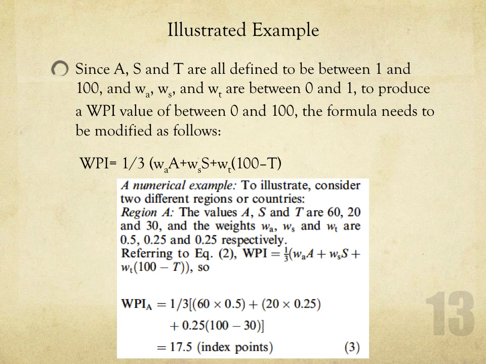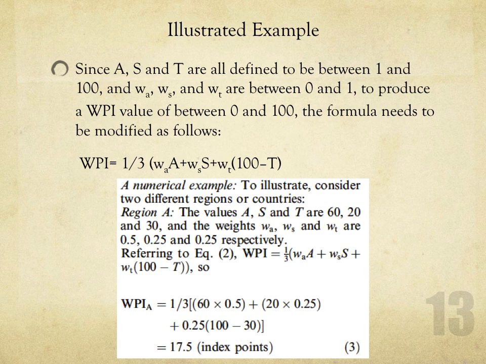The values for A, S, and T are 60, that means 60% availability of water, and similarly 20% for S and 30% for T, and the weights have been assigned to them as 0.5, 0.25 and 0.25 respectively.